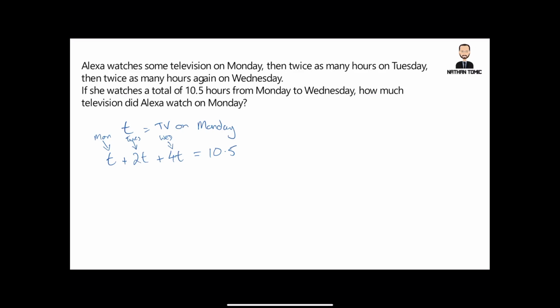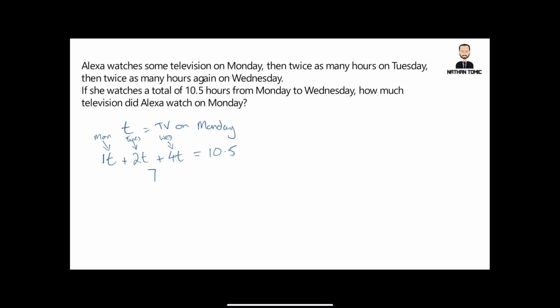Now let's simplify this equation. If you've got T plus 2T plus 4T, remember these are all additions. So remember from algebra that we can simply add up the coefficients. You've technically got a 1 in front here. We don't show it, but there's always a 1 in front of any number or pronumeral by itself. So we've got 1T plus another 2 makes 3T, plus 4 more makes 7T.